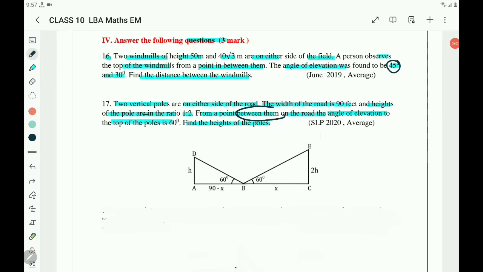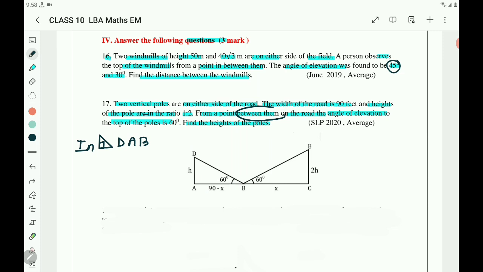Now take any one of the right angle triangles. So you can take this triangle first. In the right angle triangle DAB, h is to be found. It is given in terms of x, 90 minus x. For this 60-degree angle, this is the opposite side and this is the adjacent side.